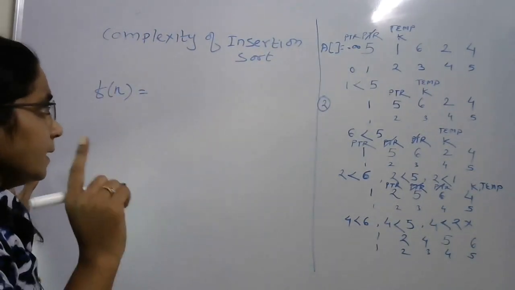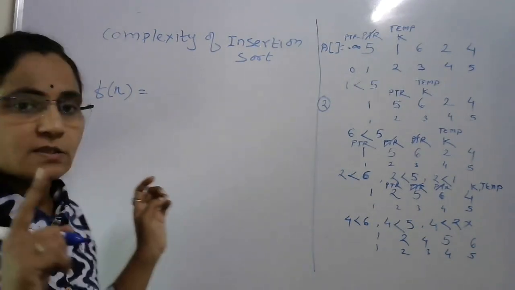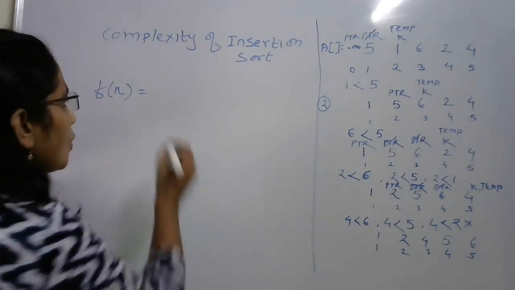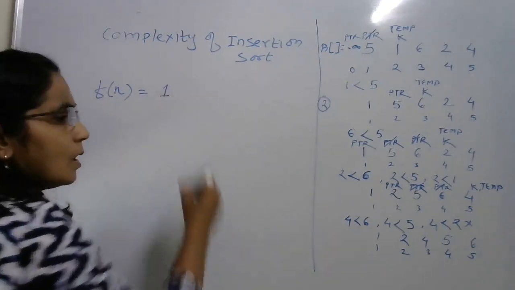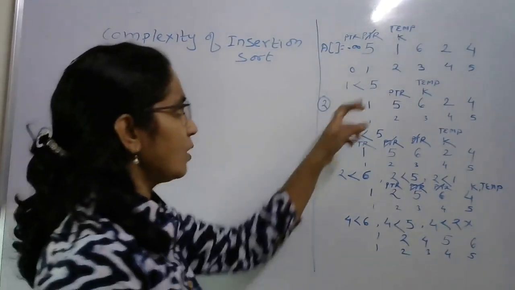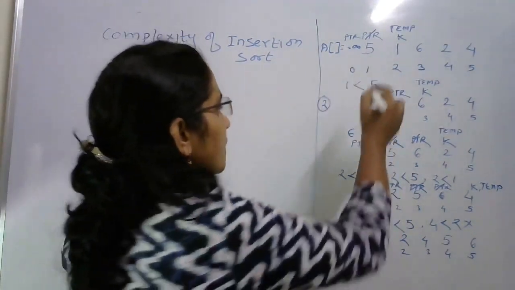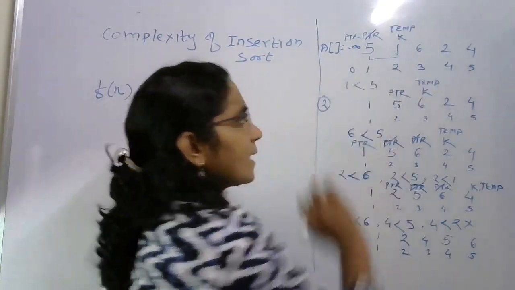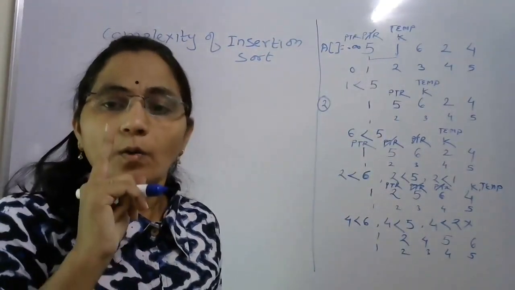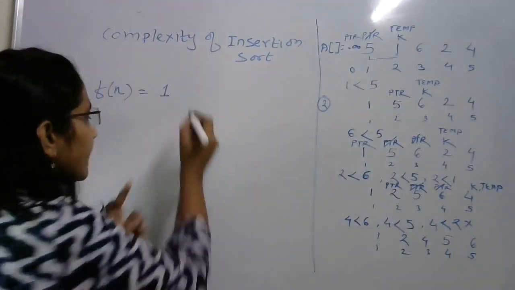Here in the first pass, in the first step, we require only one comparison to arrange the elements in ascending order. So here I write 1.